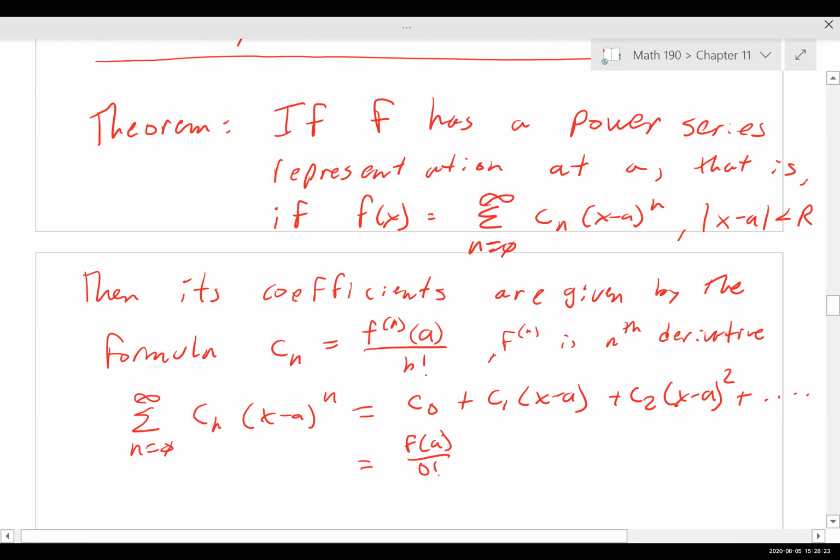The 0th derivative is just the function, and (x minus a) to the 0th power is just 1. Plus the first derivative over 1 factorial times (x minus a), plus the second derivative over 2 factorial times (x minus a) squared plus dot dot dot.